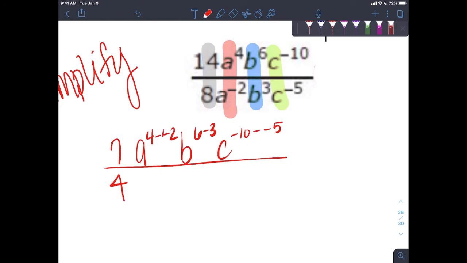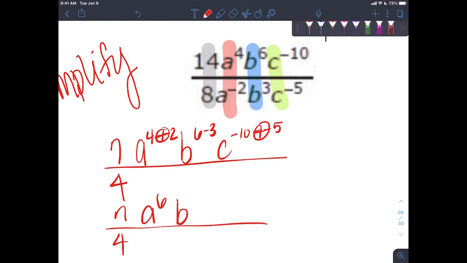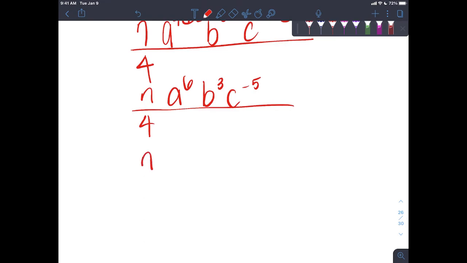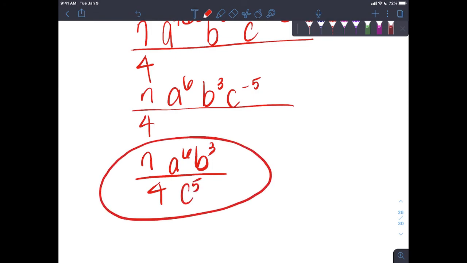I see some double negatives, so I'll make them positive and continue to simplify. 7 over 4, A to the power 6, B to the power 3, C to the power negative 5. I don't like that negative being at the top, so I'm going to move it to the bottom. And I am officially done.